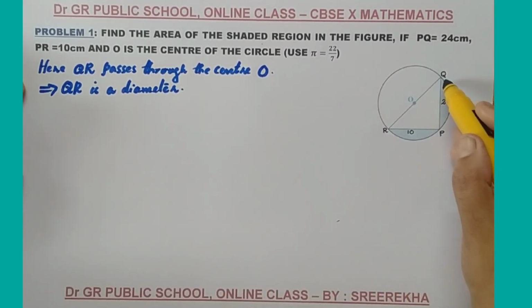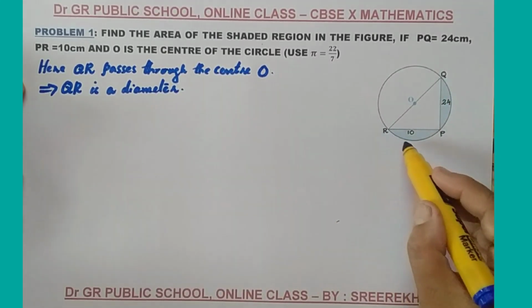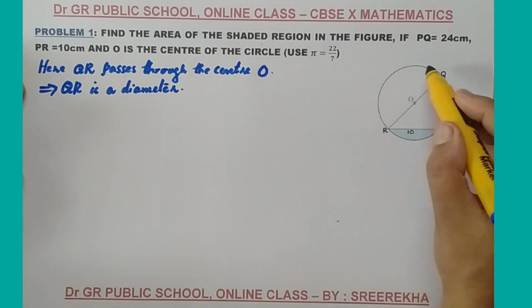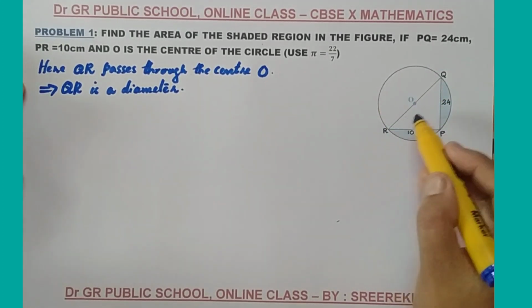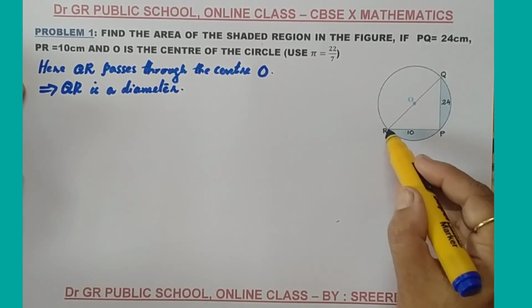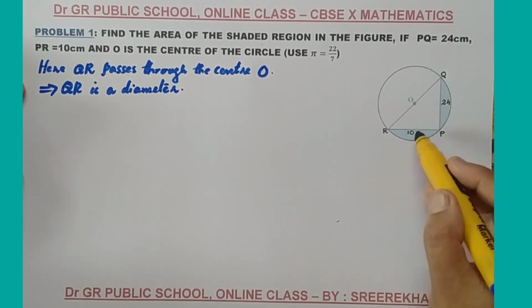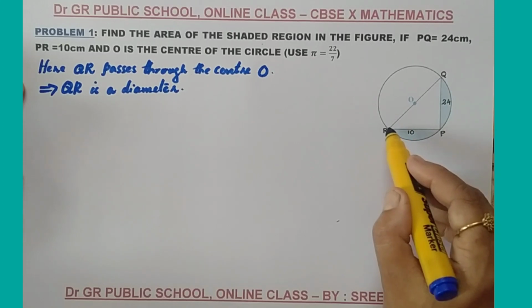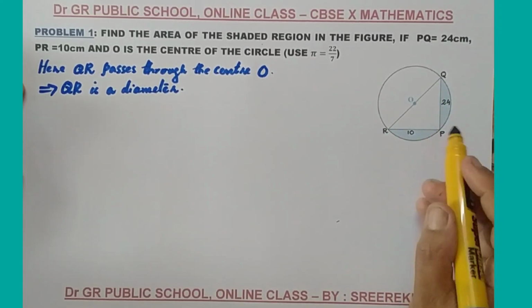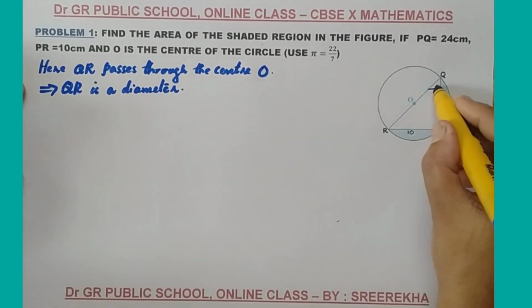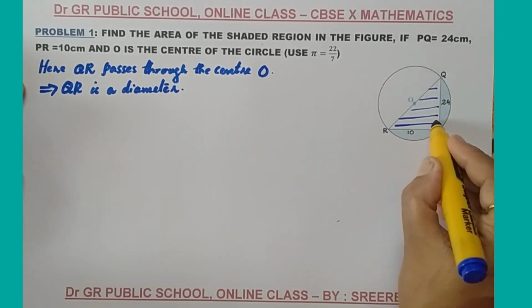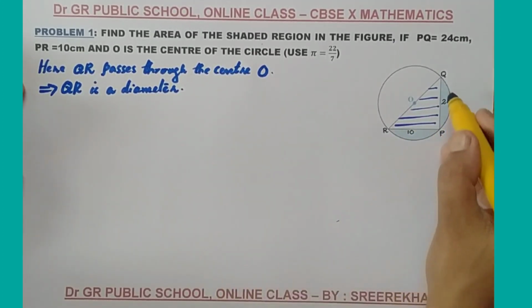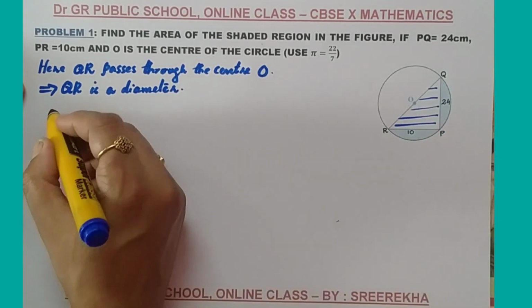You need to consider the downward semicircular region, and if you subtract the triangle PQR from the lower semicircular region, you will get the area of the shaded region.